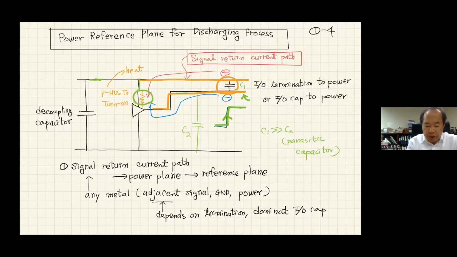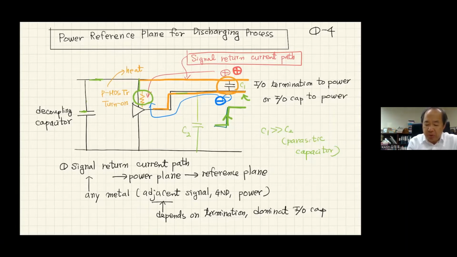Then your power line will be connected to the signal trace as well as your decoupling capacitor, and then the plus charge stored at the IO and the minus charge stored on the signal line will be combined to make heat.